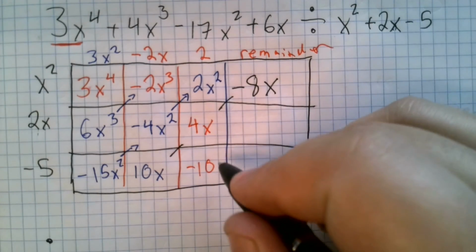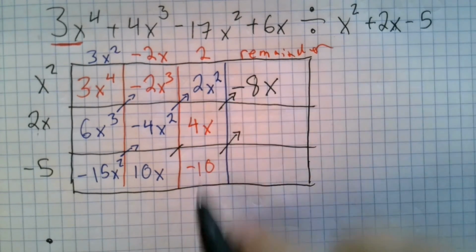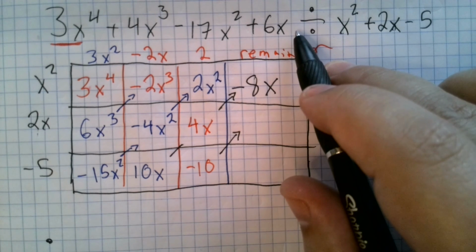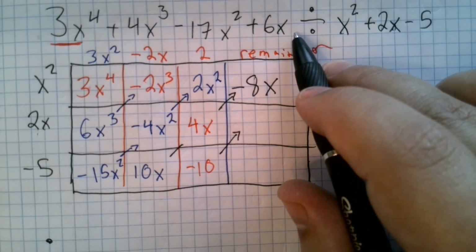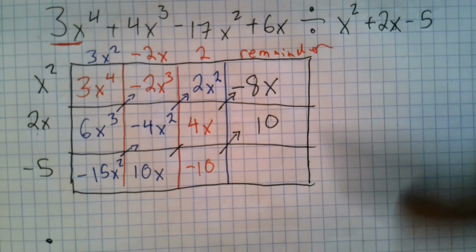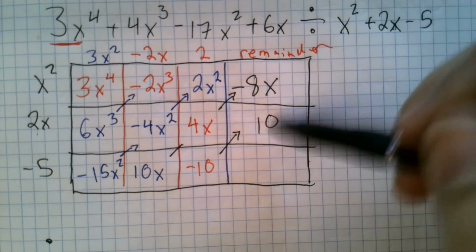Then we have to continue figuring out the rest of the diagonals. The ones without x: I don't have a term without x here, meaning that this has to sum to 0. So negative 10 and positive 10. So this is our final remainder, negative 8x and 10.